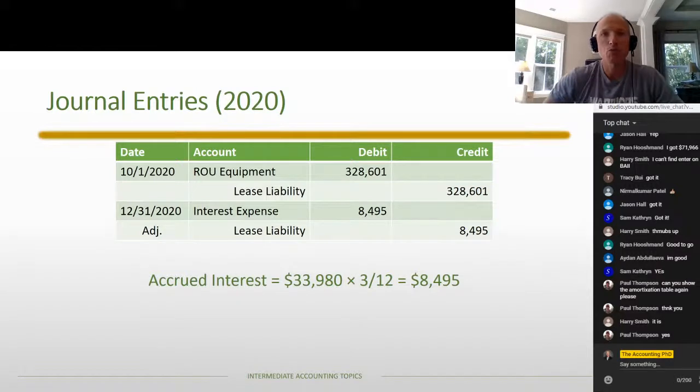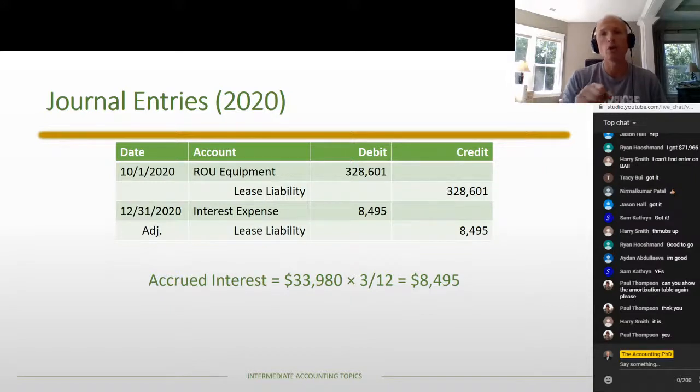A lot of times you might want to think interest payable would be a good candidate. Well, the only issue with interest payable is that interest payable really is meant to capture a contractual obligation to pay interest. But in this case, we really don't have a contractual obligation to pay interest because that's not how the contract is written. Now, we do have a contractual obligation to make lease payments.